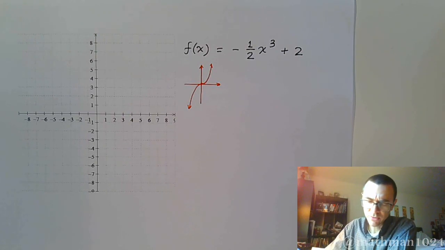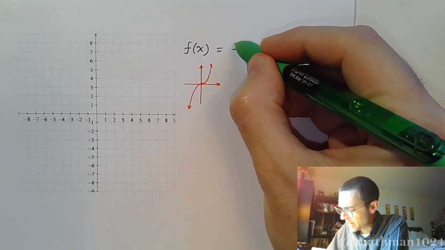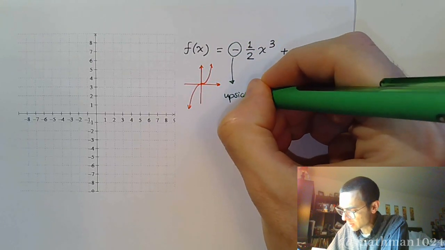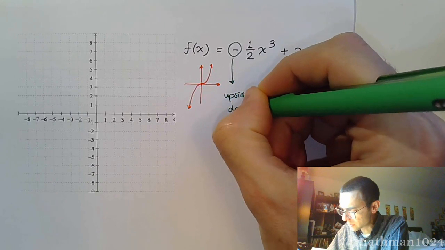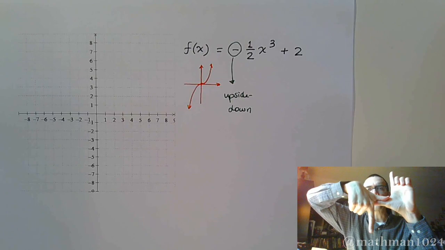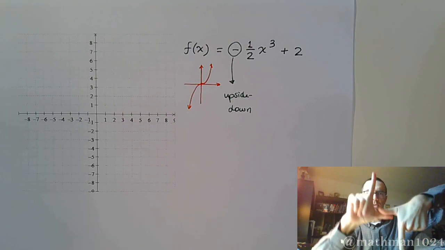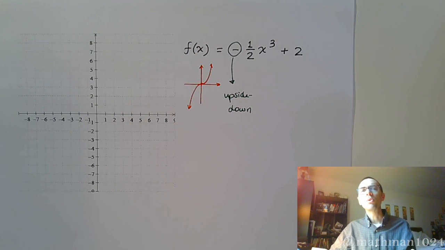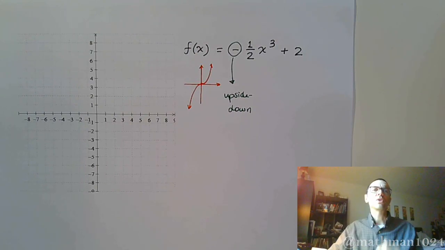What about the stuff that's in front? The negative here means that we're going to be upside down. So it's going to take the cactus shape that we have, and it's going to flip it upside down. That's all that it means. So it means whenever you plot those key points, you're doing it turned upside down.